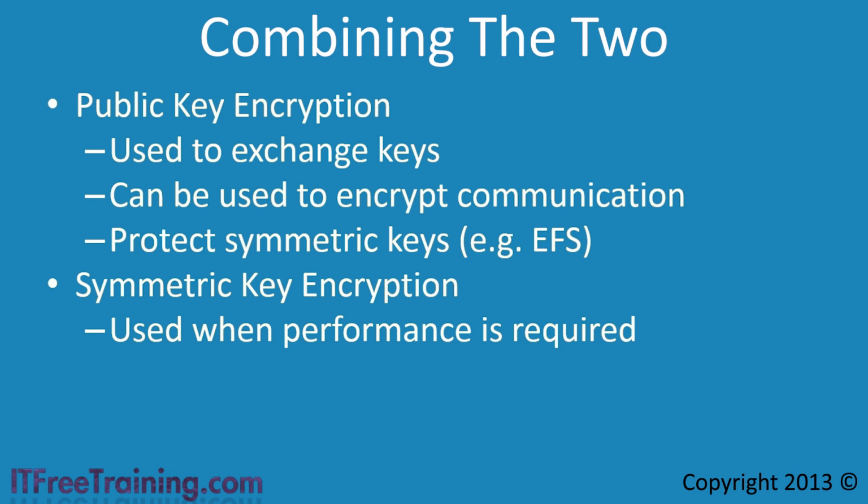When multiple users require access, the symmetric key is simply encrypted multiple times with each of the public keys required. It should be pointed out that either method can meet the needs of data encryption and communication, but combining the two does give a good trade-off between performance and security.